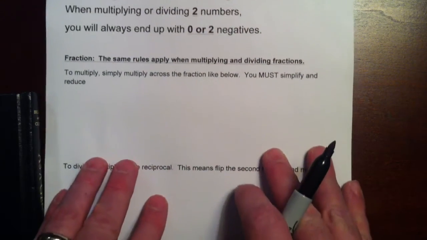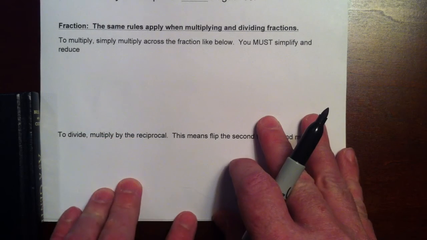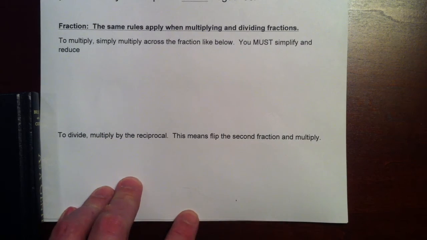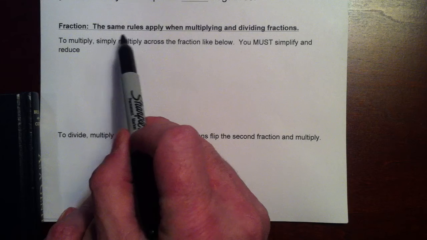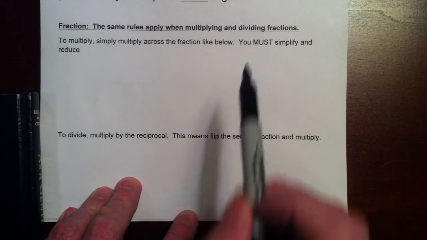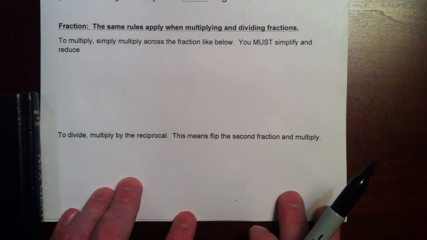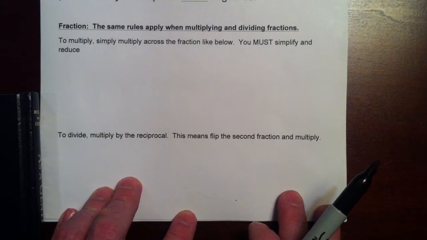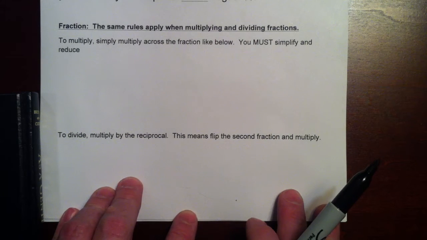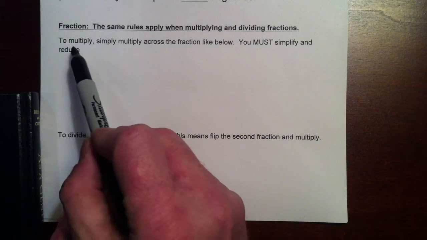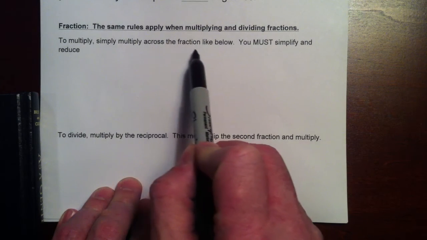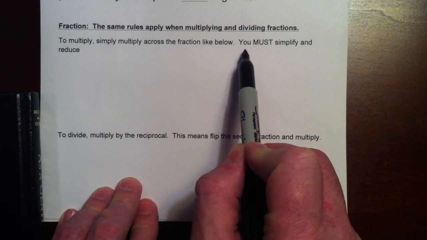Now, again, let's take a look at some fractions. And again, the same rules apply when multiplying and dividing fractions. You need to go ahead and get your answer, and then after that, you can look at the original problem and decide, well, is it positive or is it negative? To multiply, simply multiply across a fraction like below, and I'll show you that in just a second.